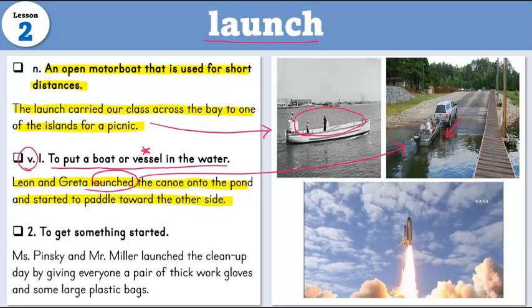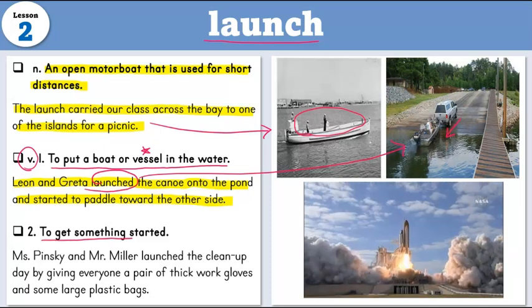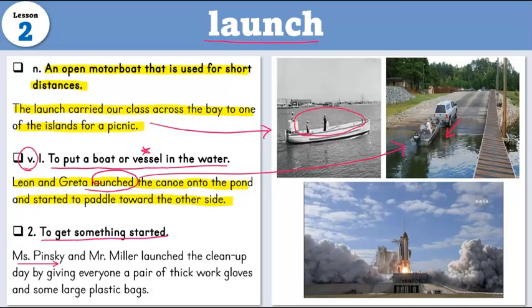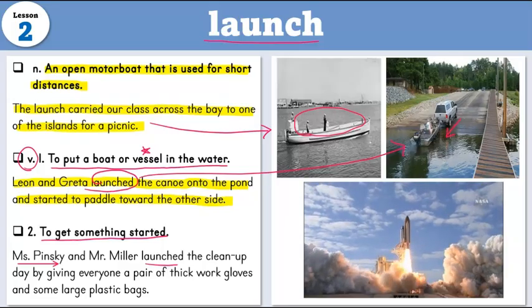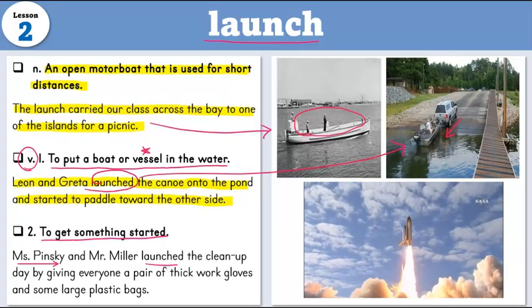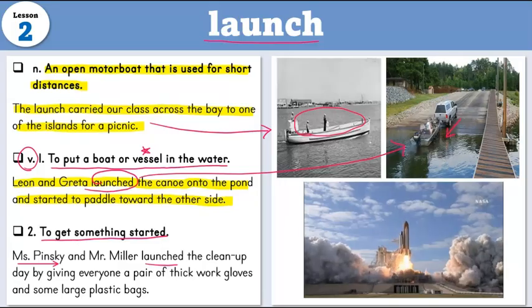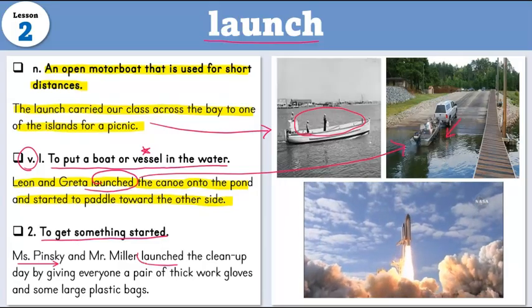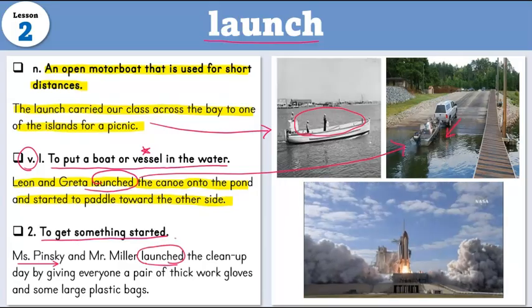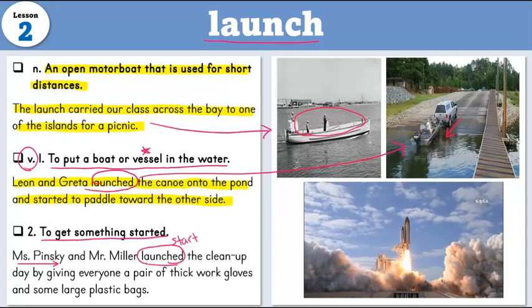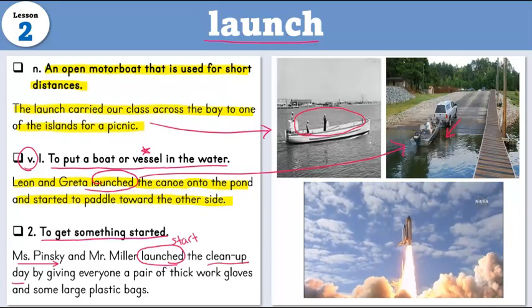And launch can also mean to get something started. The example says Ms. Pinsky and Mr. Miller launched the cleanup day by giving everyone a pair of thick work gloves and some large plastic bags. So in this sentence here, launched just means that they are starting something. They started the cleanup day.